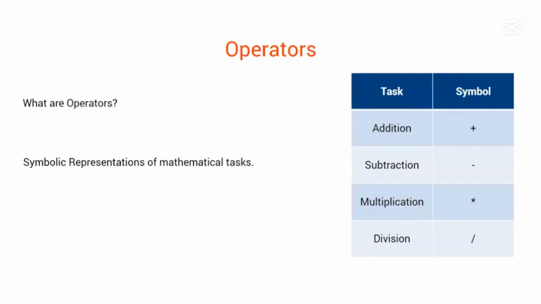For example, the operator of addition is plus, while the operator for subtraction is minus. Similarly, for multiplication it is asterisk and for division it is a slash sign. Let's see a simple operation of addition. It is represented as 3 plus 5, where 3 and 5 are called operands and plus is the operator which symbolizes addition.